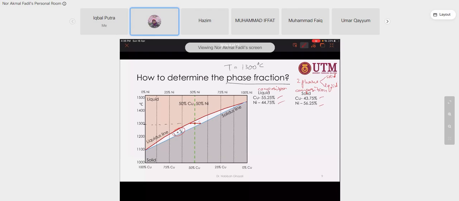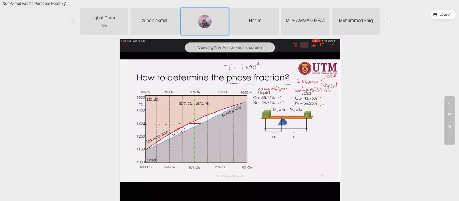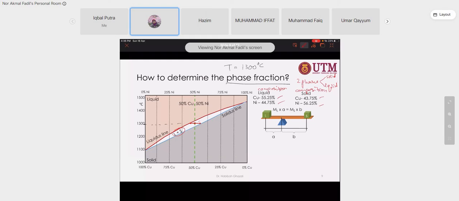So from this value, we can determine by the lever rule: the length multiplied by the weight. We have equilibrium if this multiplied by this equals this multiplied by this.